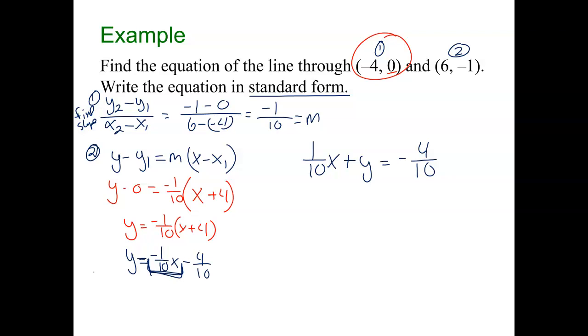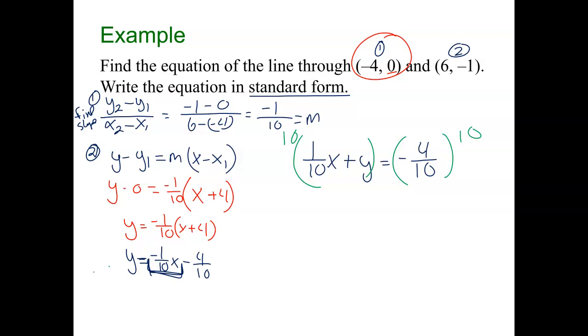Last thing is, with standard form, we don't like fractions. So how do I get rid of my fractions? I'm not going to do decimals. I want integer numbers. Multiply by 10. Why 10? It's my least common denominator. I'm not going to flip them, I'm going to multiply everything by the least common denominator, because that's going to cancel out those denominators of 10.